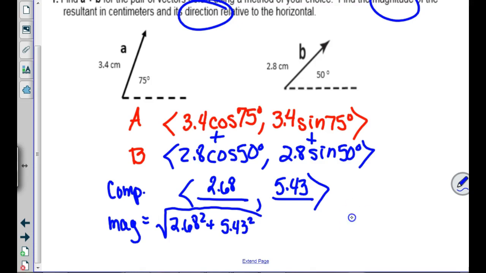Anybody get an answer? Anybody get that or not? Did I type something wrong? Okay, there's the magnitude. How do we do the direction?